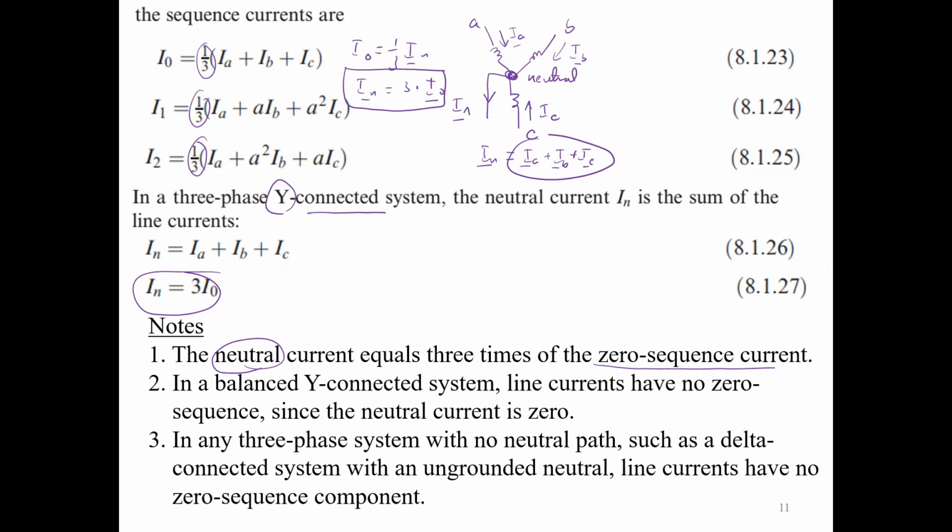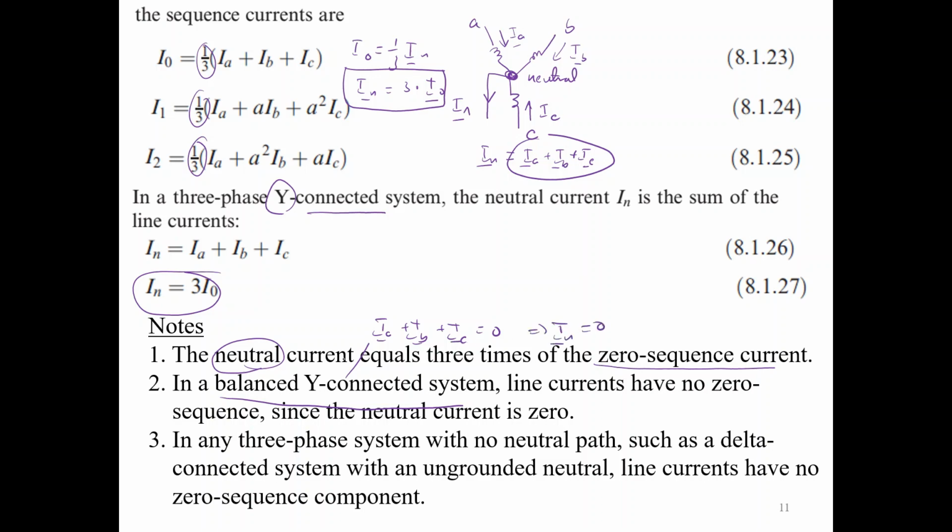Once you know the zero sequence current, you just multiply by 3 and you get the neutral current. For the balanced Y connection, of course, the sum of IA plus IB plus IC becomes 0, so your neutral current is 0.